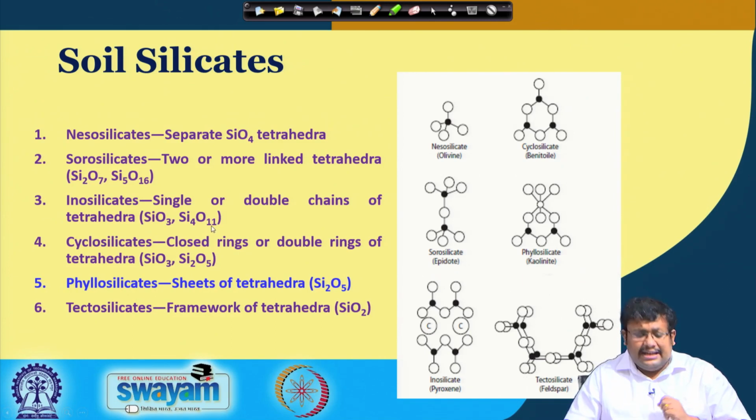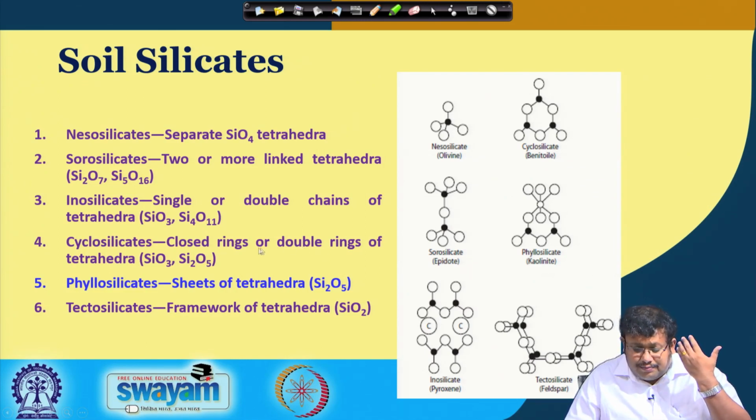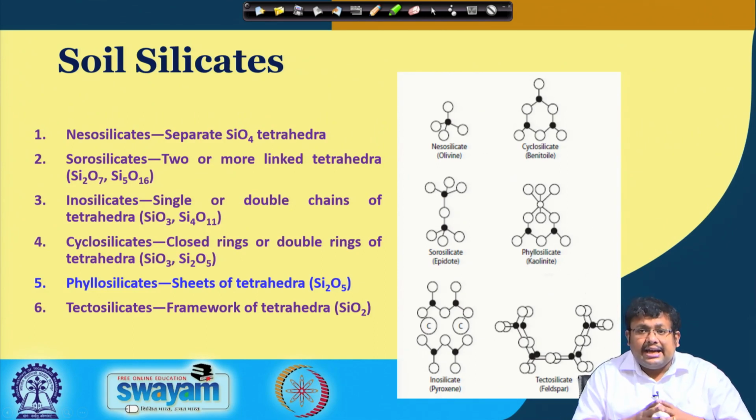Now, inosilicate is basically defined by single or double chains of tetrahedra with the basic structural unit formula of SiO3 or Si4O11. The example of inosilicate here is the pyroxenes. So, this is basically showing the single or double chains of tetrahedra.